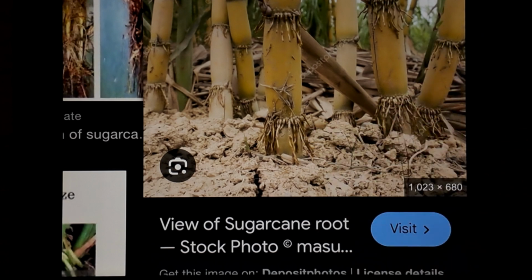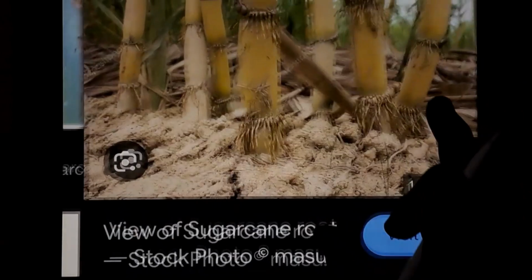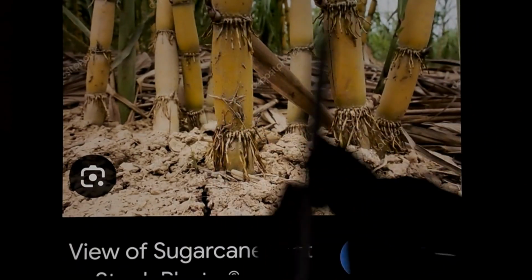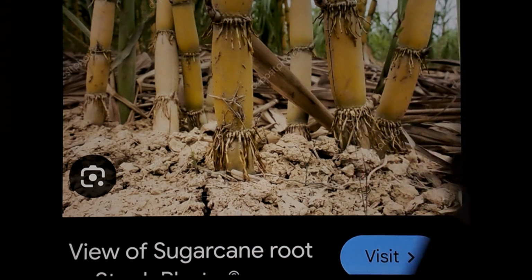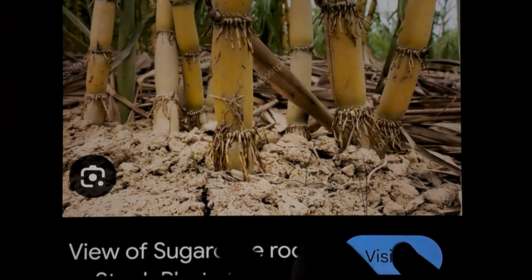This is an example of stilt roots. I think you will understand better with this image. Here, these are the internodes. This is the internode, and roots grow from here and penetrate into the soil, to get mechanical support in the sugarcane.